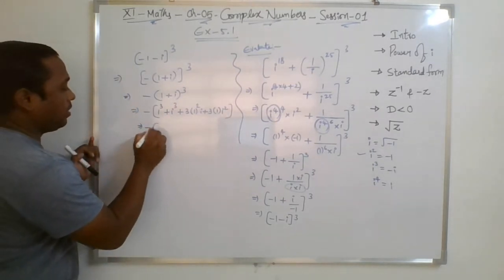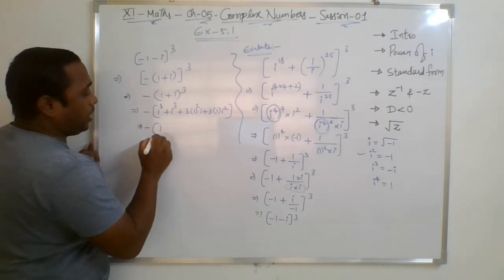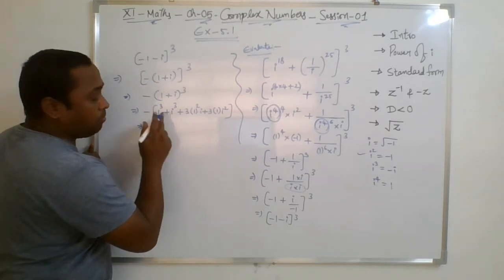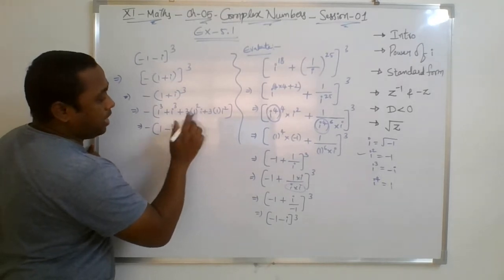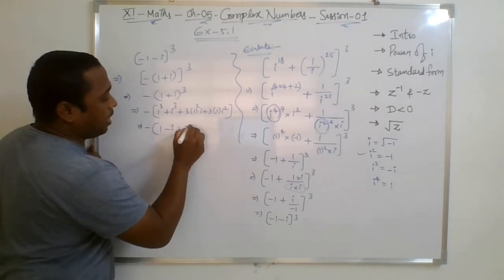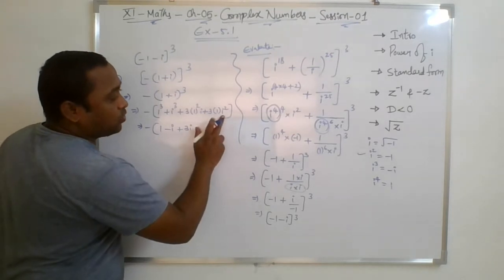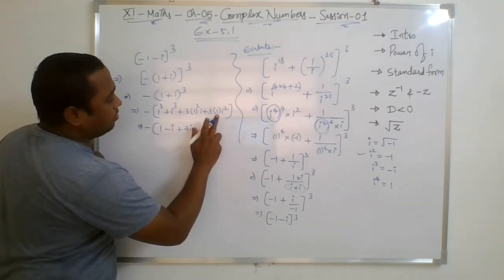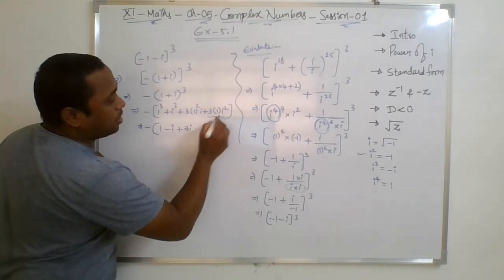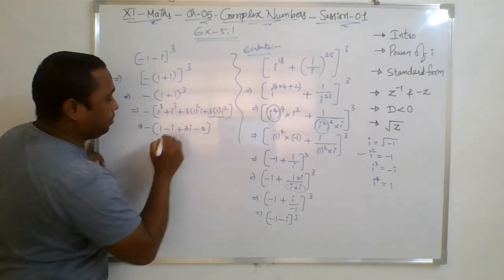Now you will see 1 cube is only 1, i cube is minus i, 3 into 1 into i becomes only 3i. i square is minus 1, so minus 1 into 1, this total term becomes minus 3.